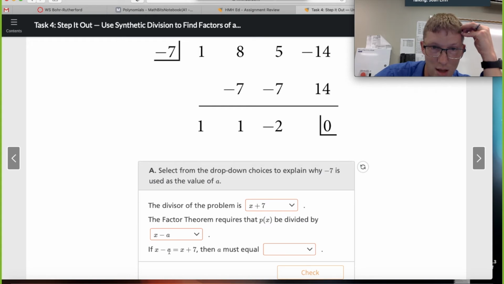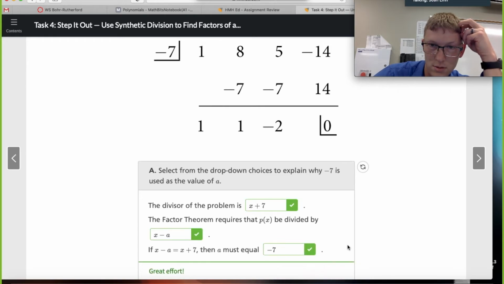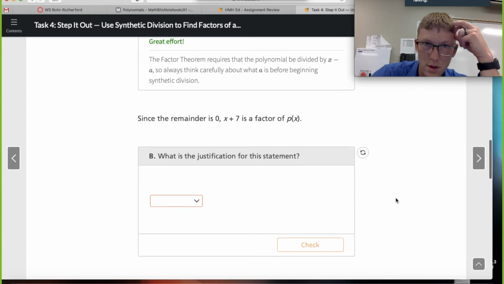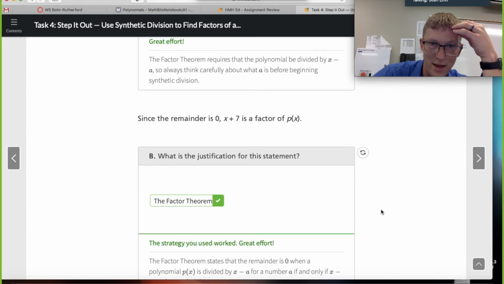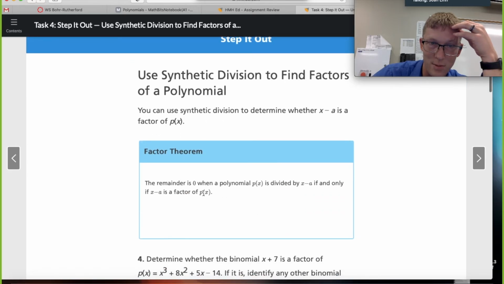If x minus a equals x plus 7, then a must equal negative 7. Whew. Got it. Since the remainder is 0, x plus 7 is a factor of p of x. Done. What is the justification for this statement? Do they have the theorem listed here? The factor theorem. It's the theorem they gave us up here.